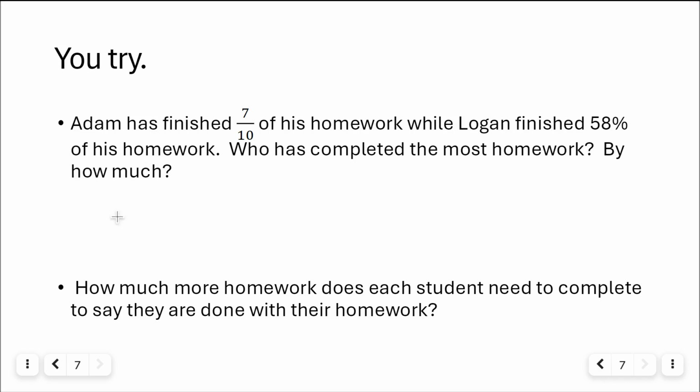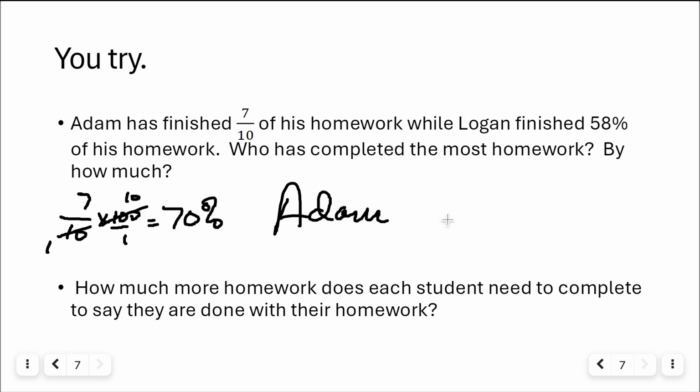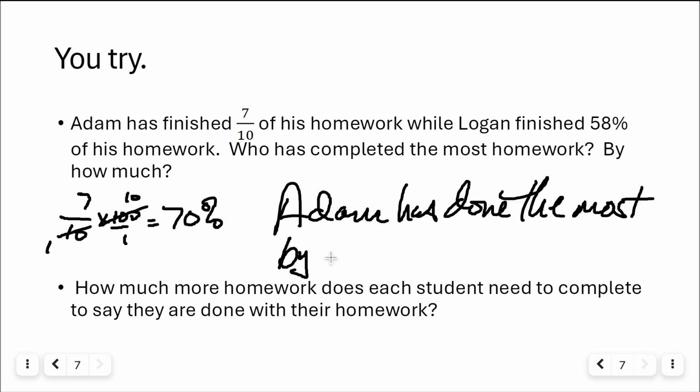So 7/10, we can multiply that by 100. 1 underneath, cross cancel, 1, got a 10. That's 70%. Logan has done 58%. So Adam has done the most. By 13%.